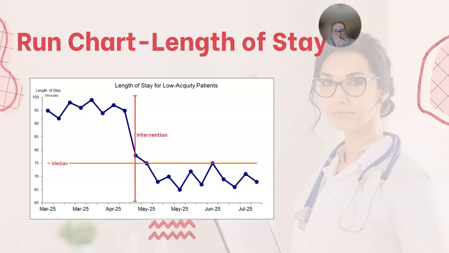Starting week 10, we were at or below the average of 75 minutes, with our shortest length of stay during week 13, which was just over an hour at 65 minutes. From our highest to our lowest length of wait times, there was a 34-minute decrease in length of stay for the low acuity patients that presented to the emergency department.